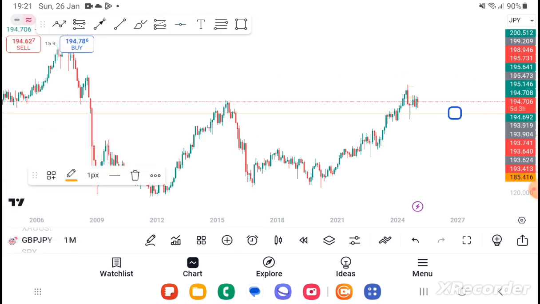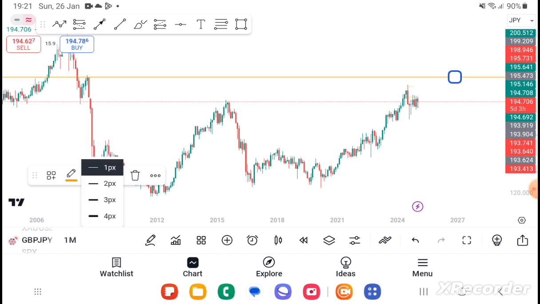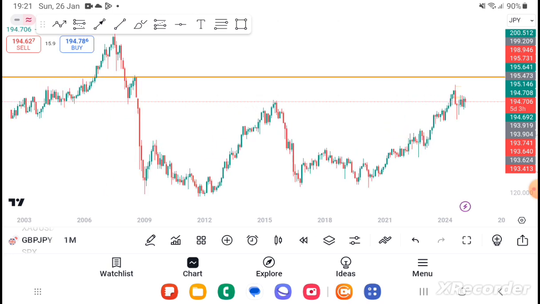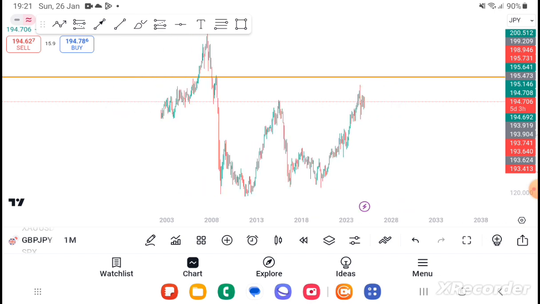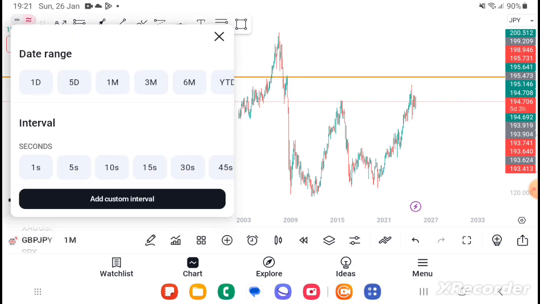Okay, so let me just put it here. So this is a resistance area. So technically we are expecting that price would give us some reaction when price gets there. So this is also another level from the monthly perspective.